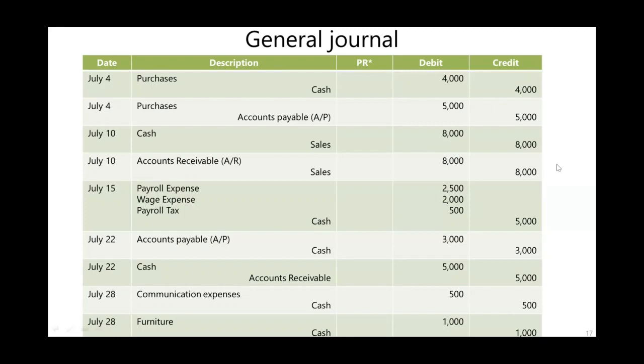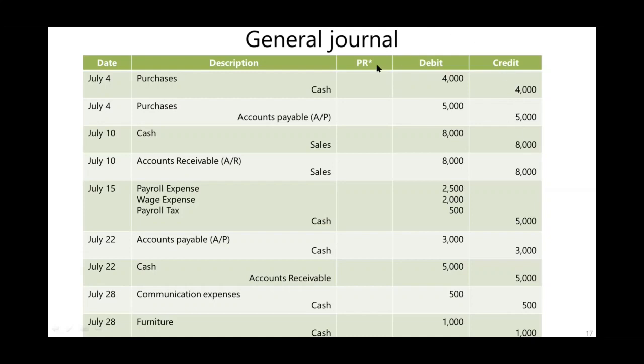So all of the transactions are recorded, and also the debit and credit are recorded, just the same way as the journal entries. So you will know all of the transactions in the general journal.